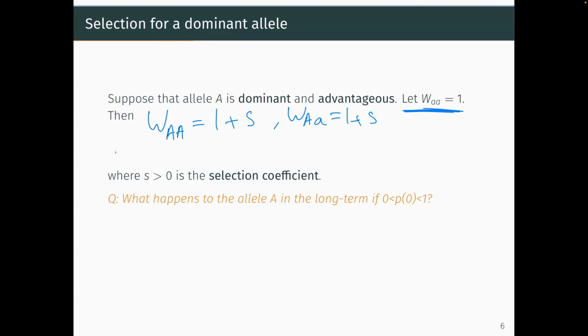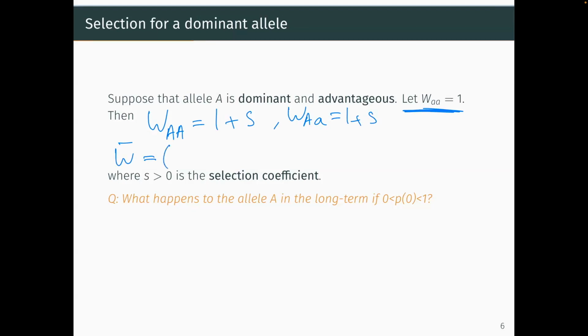Okay, so what about our mean fitness then? Well, remember, if we're assuming things are at Hardy-Weinberg equilibrium, it's going to be the frequency of each of these different genotypes multiplied by their fitness.